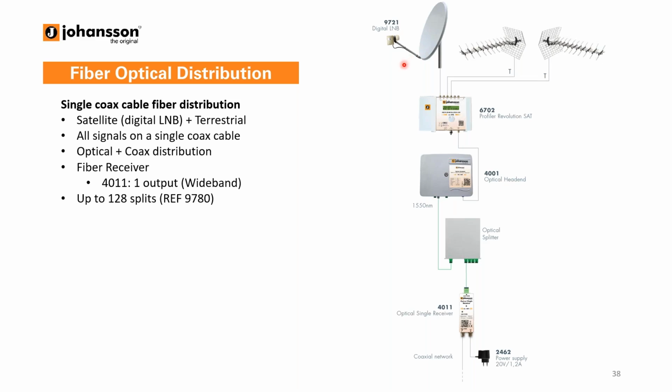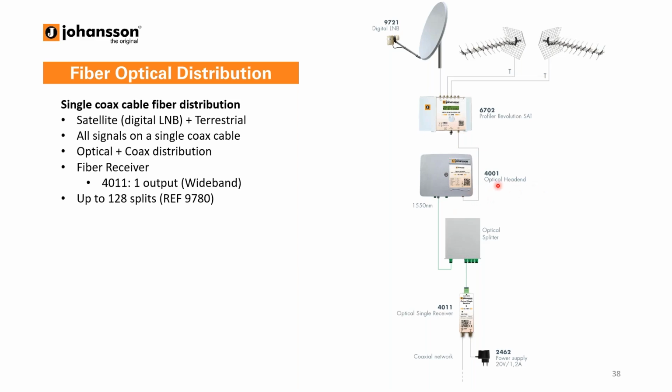Basically, it's all the same. And here you select the number of transponders, put it on the cable, then the cable goes into, in this case, the profiler evolution set, because this one has a satellite input, and then you can just add your terrestrial multiplexes, and basically the satellite and the terrestrial channels are all on the same coax cable.